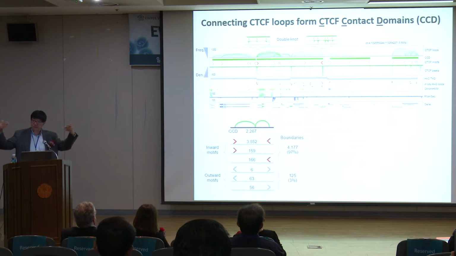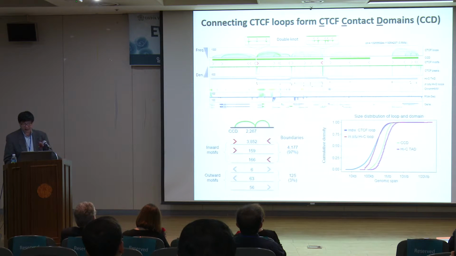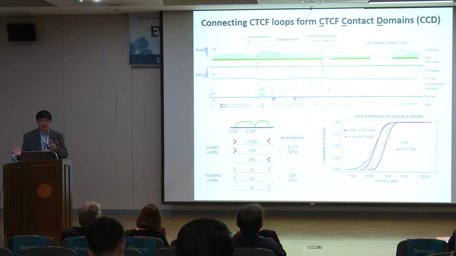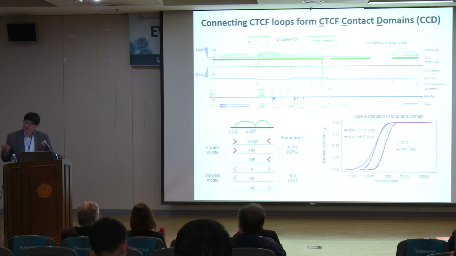That probably provides a kind of double knot structure to make sure the boundary is very tightly organized. This CCD structure is in fact highly associated with, and similar to, the previously identified TAD structures. So as you can see, it doesn't matter what method you use; consistently, we can generate very similar high-order structures.